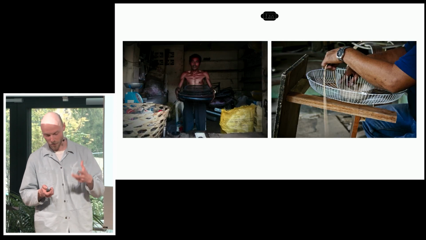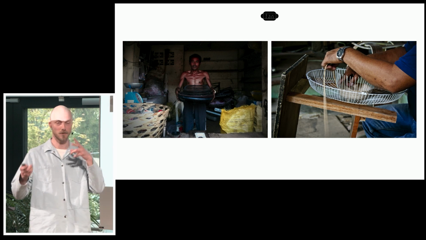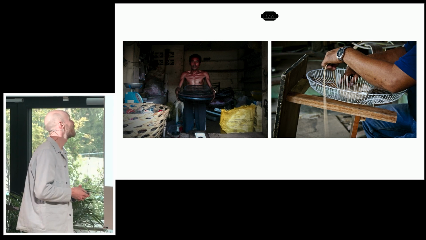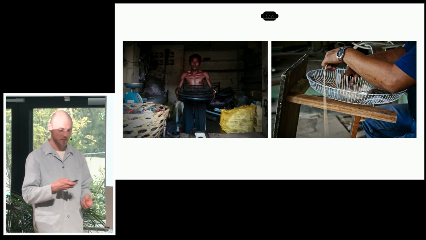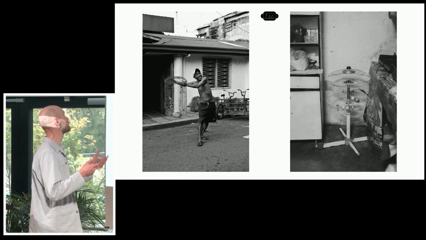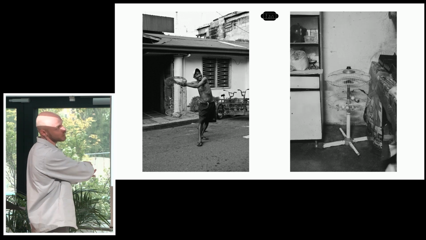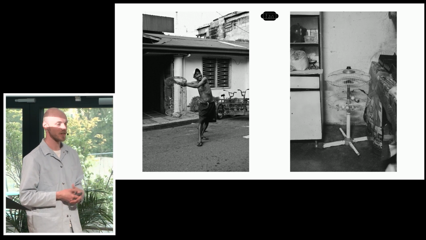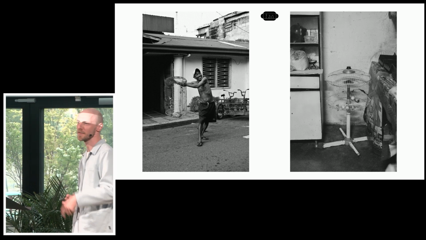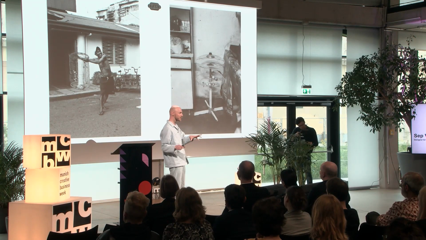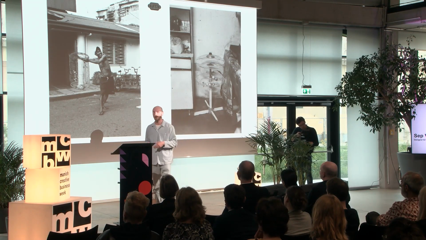I saw a lot of junk shops, people who collect junk, materials we could reuse or reinterpret. That's what they were doing already. So it's not that I'm the designer and I'm going to tell them, hey, let's be creative with our materials here. No, people do this by themselves.